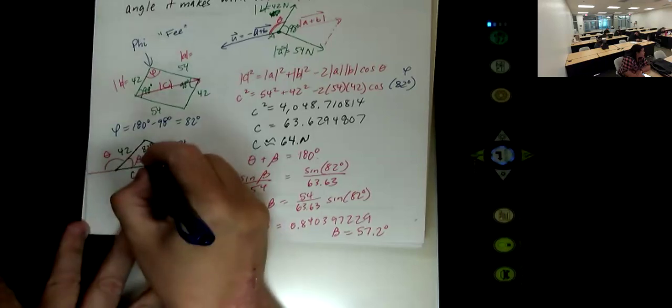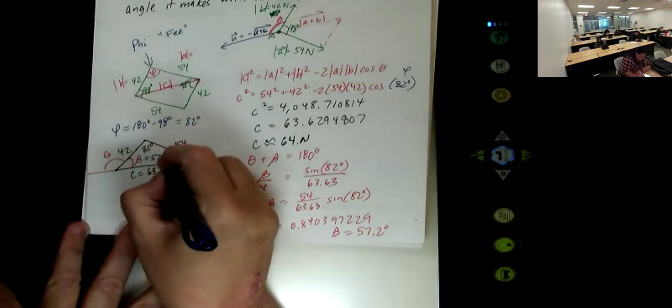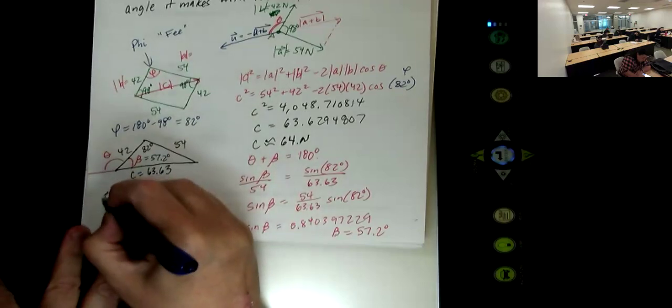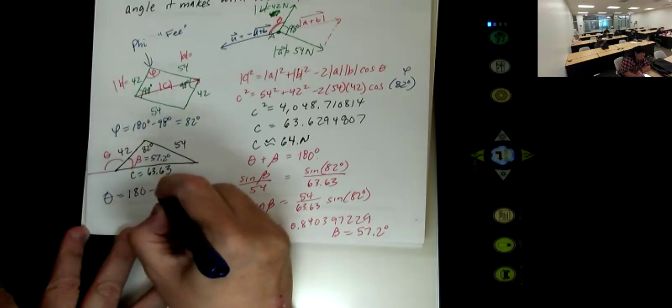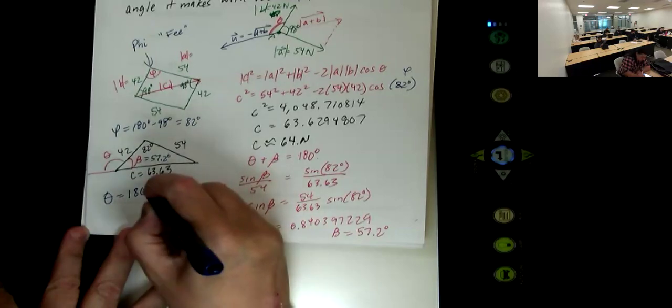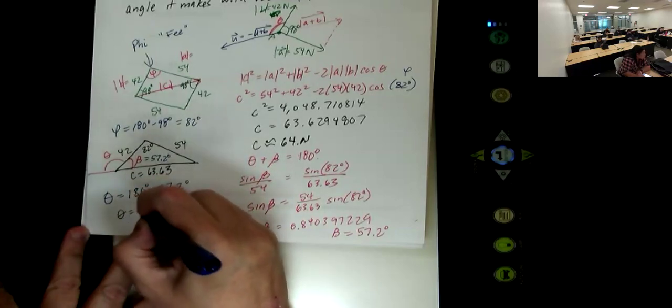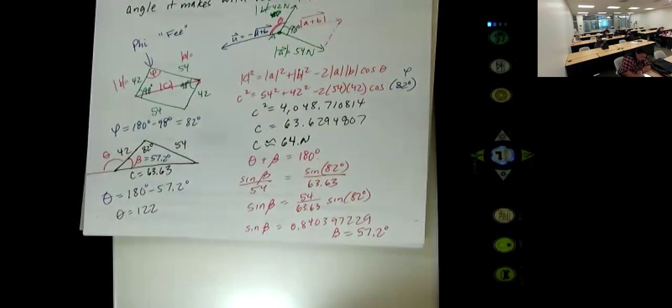So that's this angle, 57.2 degrees, which means theta is 180 minus that.